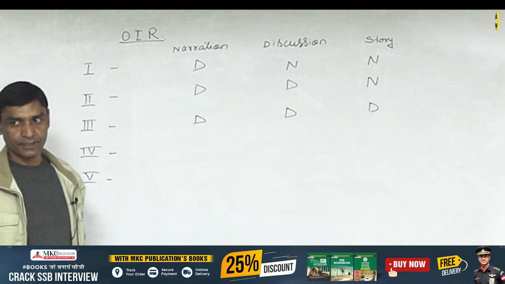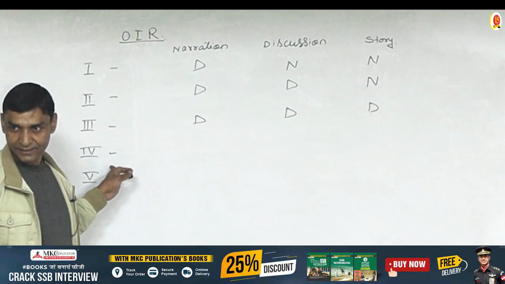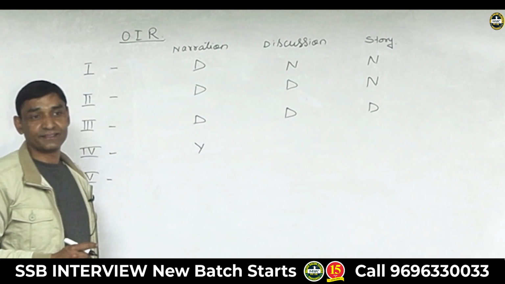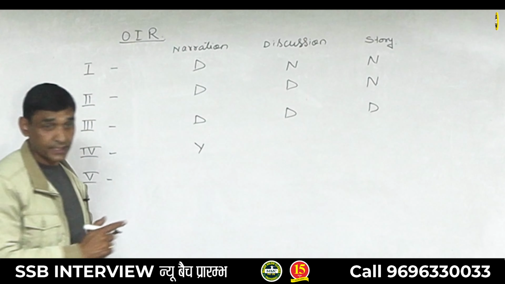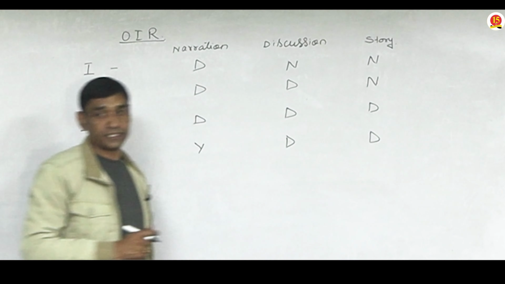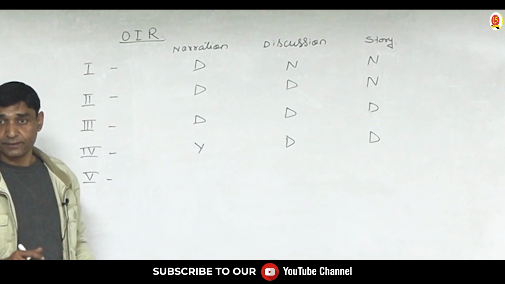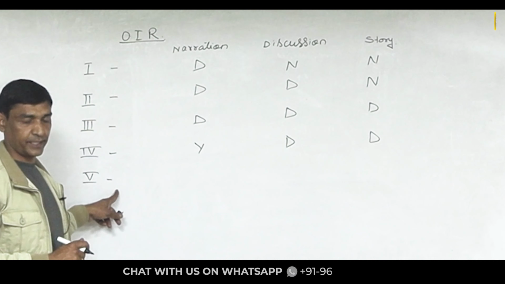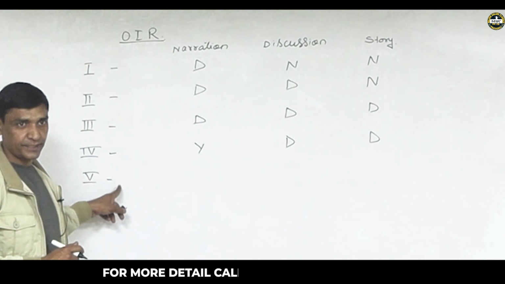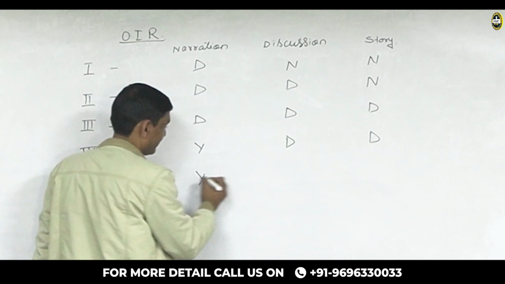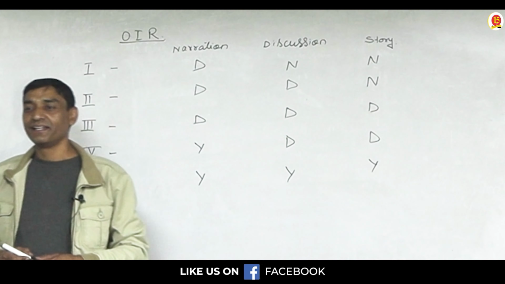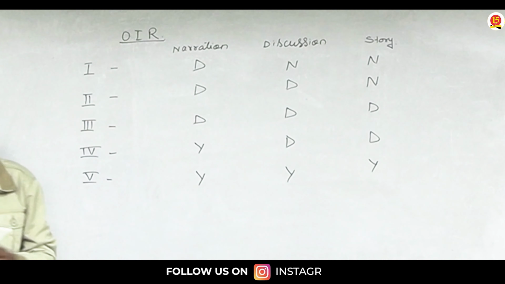OIR 4, he is already acceptable, so he will need at least 1 yes with 2 doubtful. Then only this youngster will be recommended in screening. OIR 5, very tough, and he requires all 3 yes, because the performance in OIR was already below average.